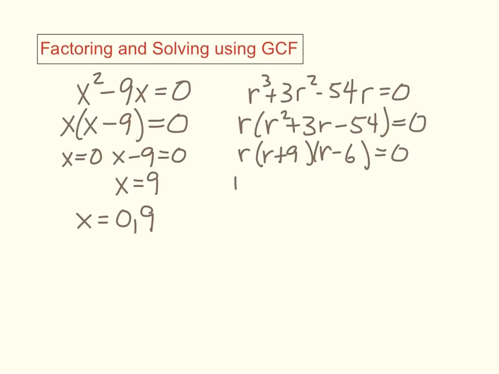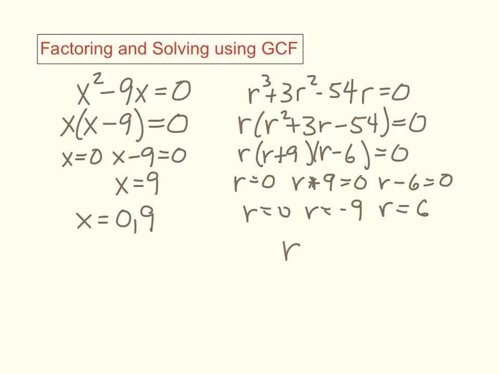And so now this means either r equals 0, r plus 9 equals 0, or r minus 6 equals 0. And of course that means that either r equals 0, r equals negative 9, or r equals 6. And then I can just write that in my answer down here, negative 9, 0, and 6.